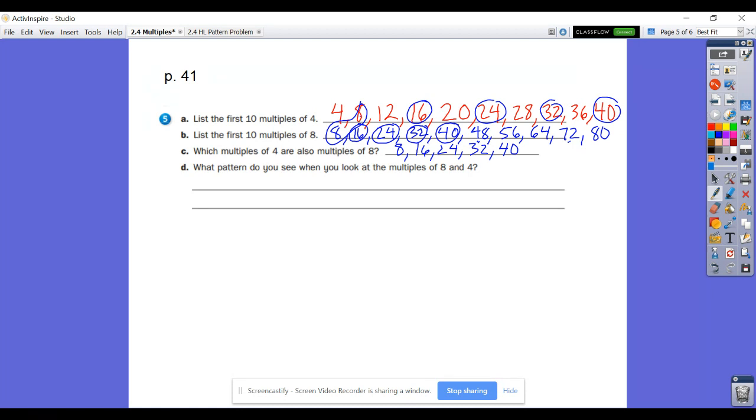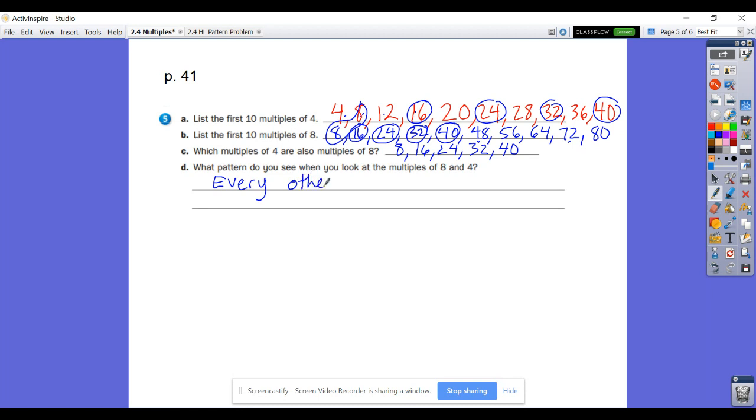So that can help us notice a pattern, which was that every other multiple of 4 is a multiple of 8. Let's write that. That's using our math vocabulary and explains a very clear pattern.